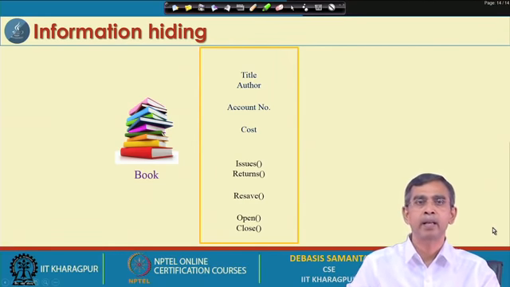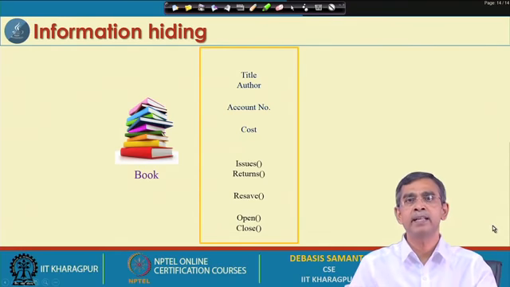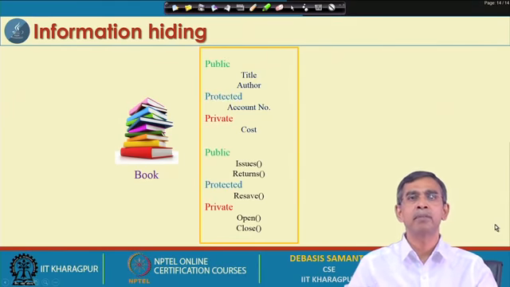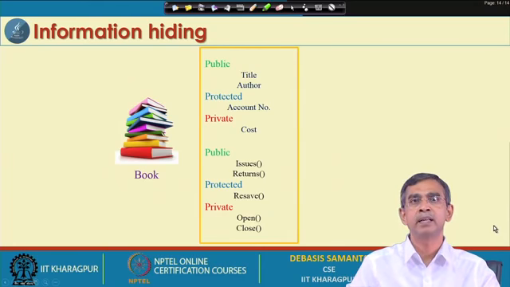Now, I will come to the discussion about information hiding. The concept is how we can make some methods or data not easily accessible to anybody. There are many concepts of information hiding, and they basically hide some data or methods from public access, or give restricted access.